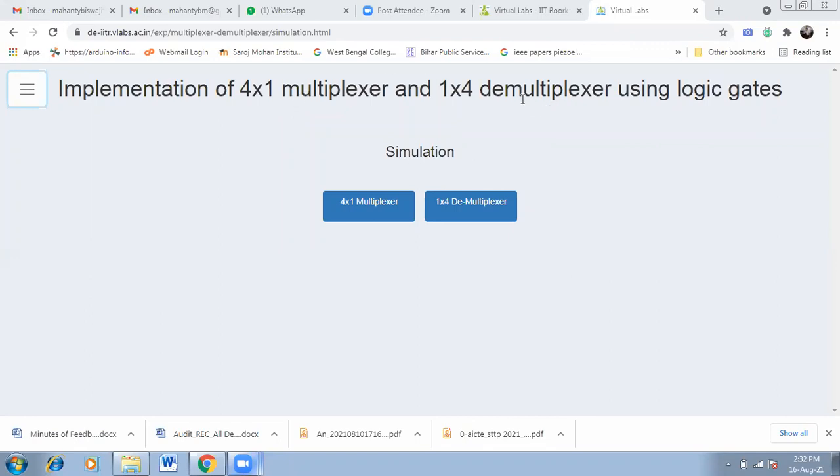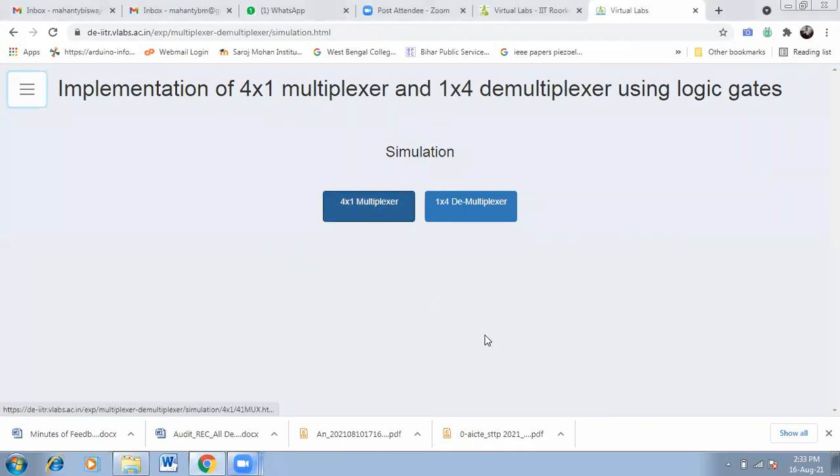In the symbolic representation also, it is 4 cross 1 for the multiplexer, but 1 cross 4 for the demultiplexer. The 4 inputs are converted to outputs here, and the 1 output is converted into input in this case.